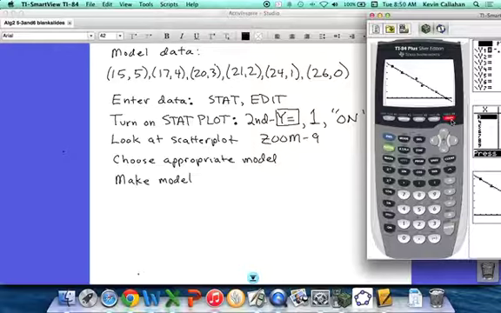Go stat, calc, 4 for linear, enter, and go all the way to the bottom. Okay, there's your regression equation. Now, y equals. Then you go vars 5, EQ, enter. And now hit graph.